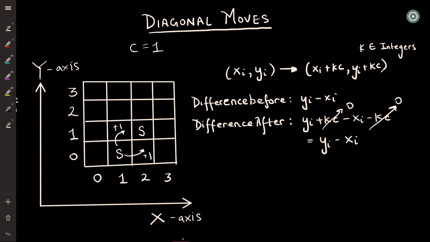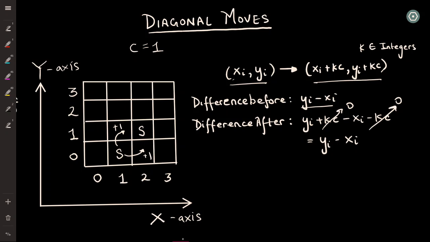Basically the difference between the y value and the x value initially was yi minus xi, when the point was xi comma yi. After I have done this move several times, the final point that I am in is xi plus kc comma yi plus kc, in this case xi plus 1 comma yi plus 1, where k is an integer.